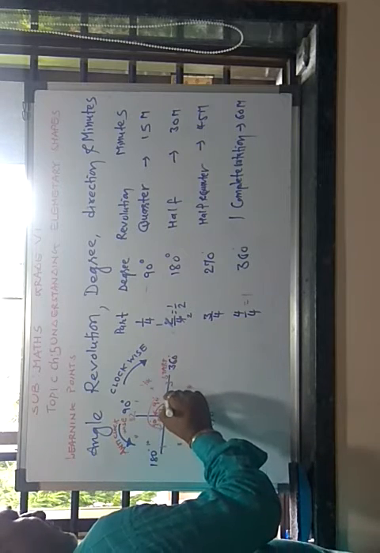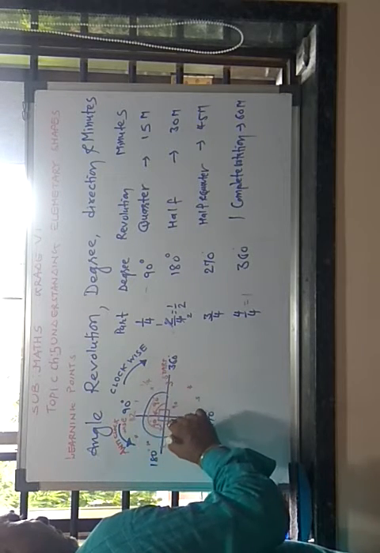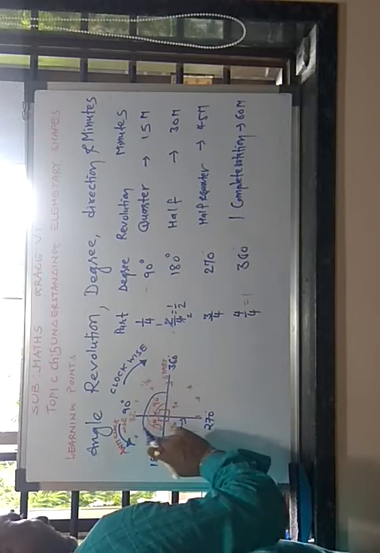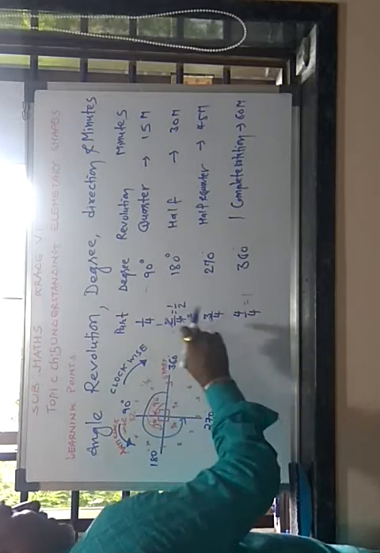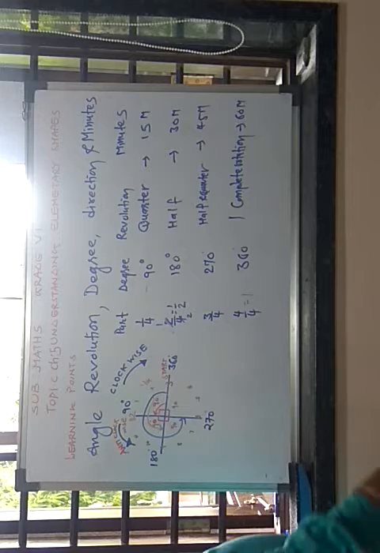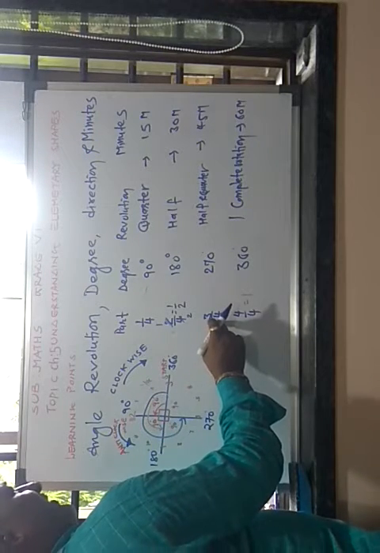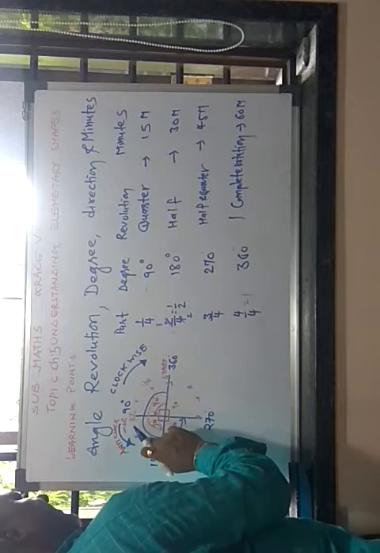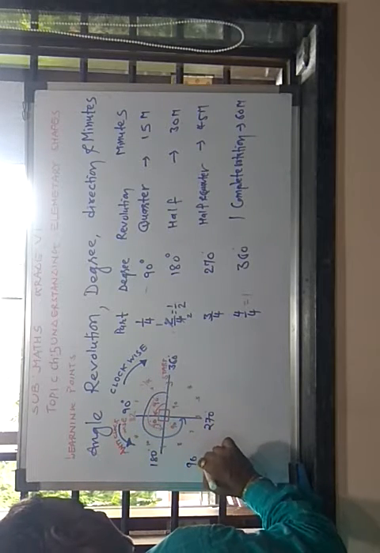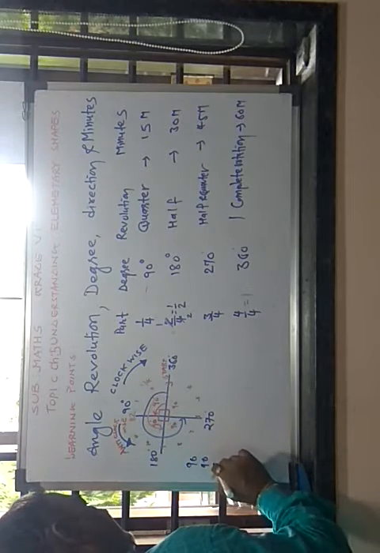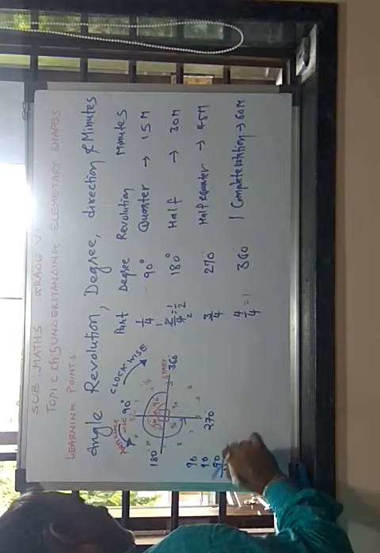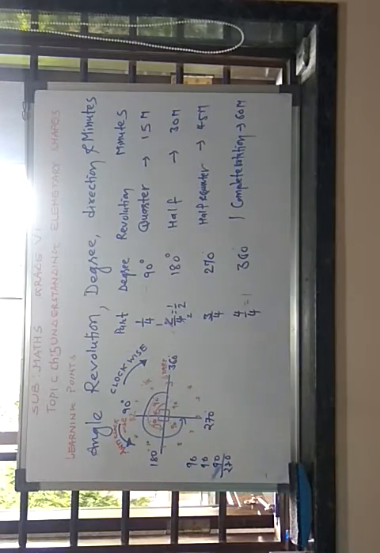Now when it moves from here to here, 1/4, 1/4, 1/4 means 3/4. And 3 times 1/4 means 3/4. 3/4 means it covers 90 plus 90 plus 90. You will get 270, right?